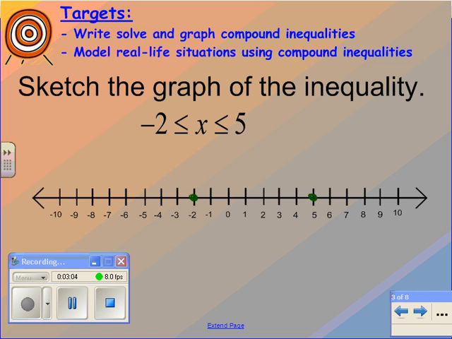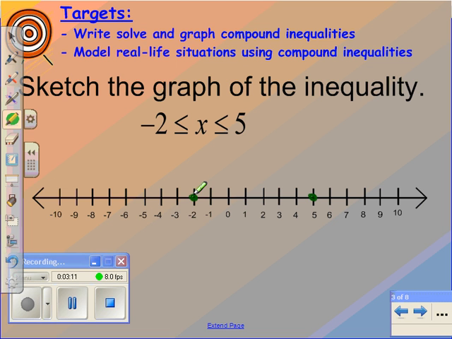So that would be right here. And then all I do is shade in between the two numbers. I'm going to shade there, and that's the graph of that inequality. I'm talking about -2 and 5 and all the numbers in between. That's what that compound inequality statement means.